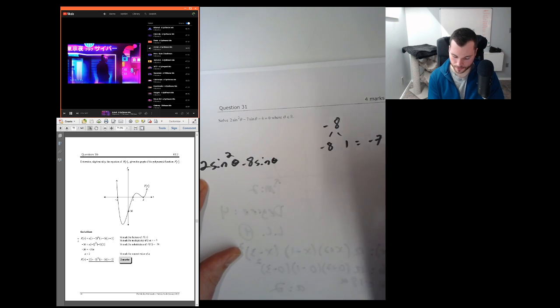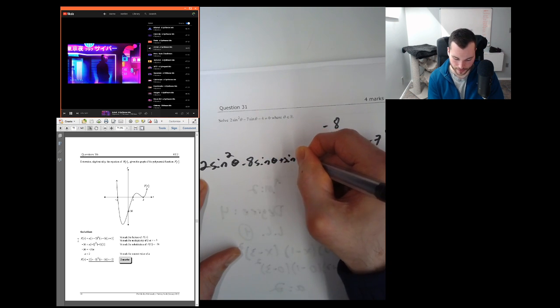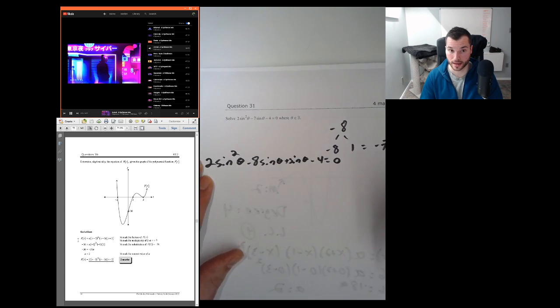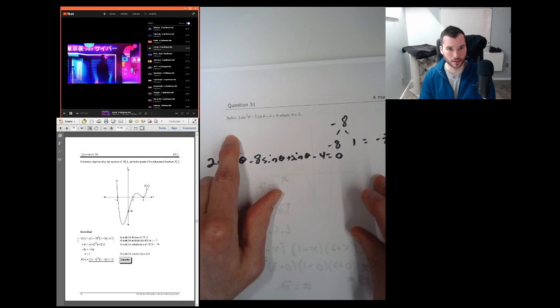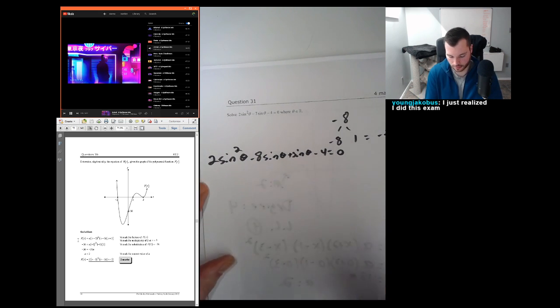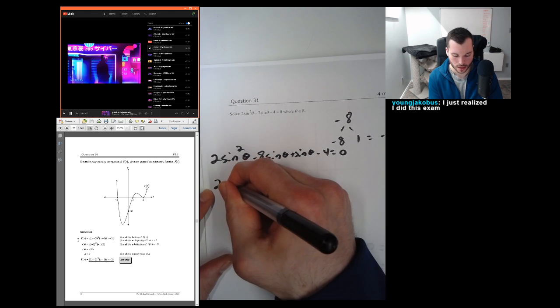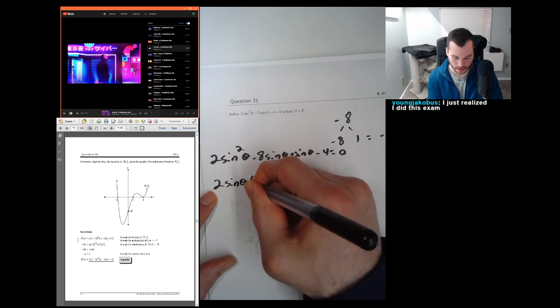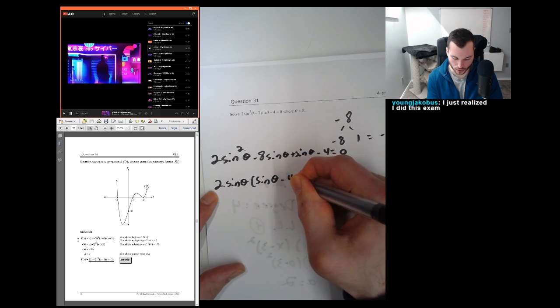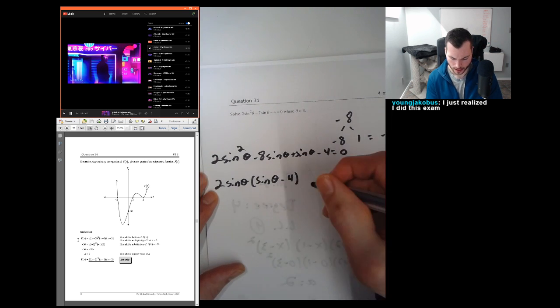Sine theta plus sine theta minus 4. You can sub in y equals sine theta if you'd like to, but make sure you put it back in the end. I'm just gonna deal with this though because I'm comfortable with that. Doing a nice little GCF factoring here. Minus 4. Making sure that looks right. Yep. Plus, hey, good, we got the same thing.